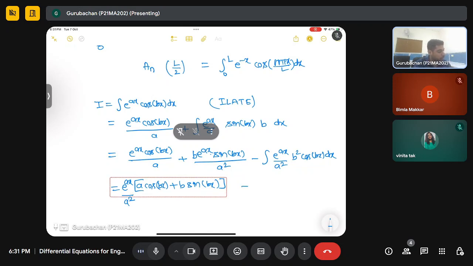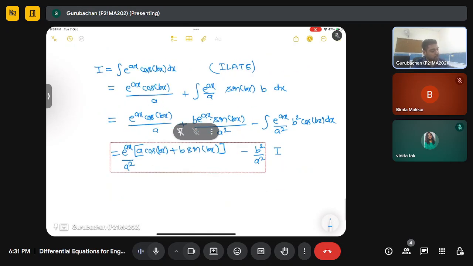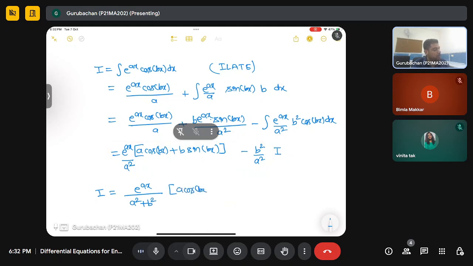Okay, and this will give you minus b square by a square times the left term, which is nothing but the integral I. So if you take this integral I to the right hand side and solve it, then you will get here a square and a square will cancel out. So you will get e to the power ax divided by (a square plus b square) times (a cos bx plus b sin bx). Okay, just a second.